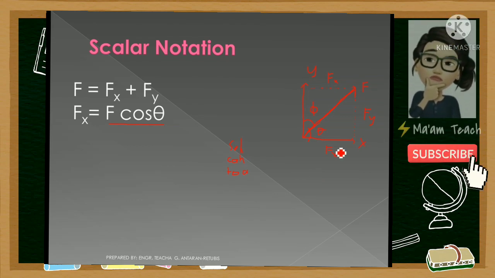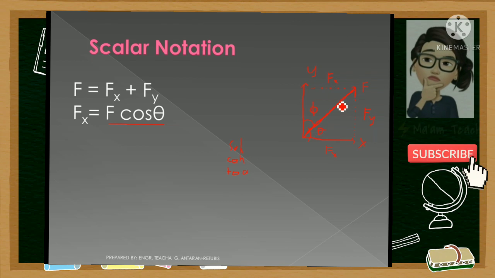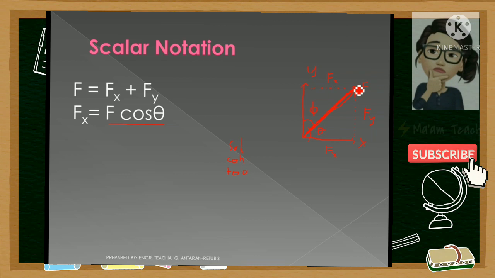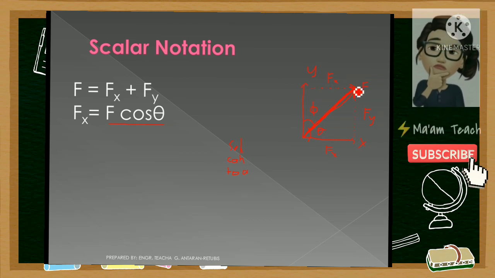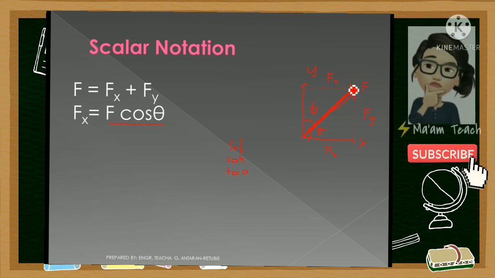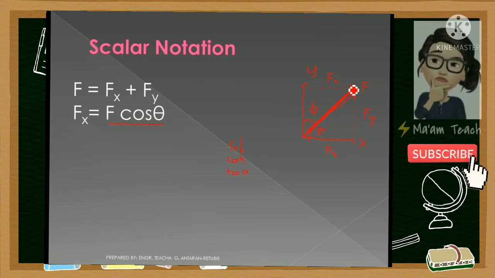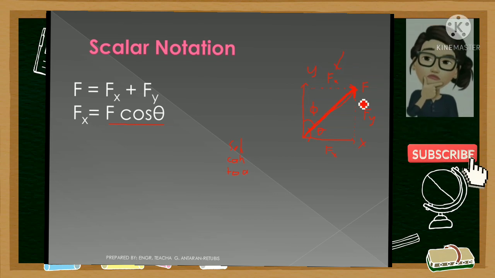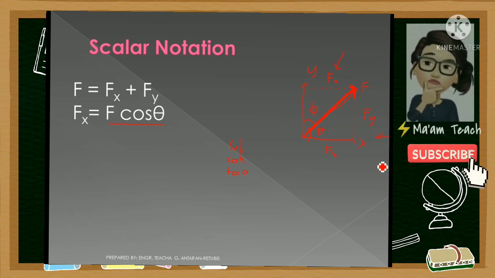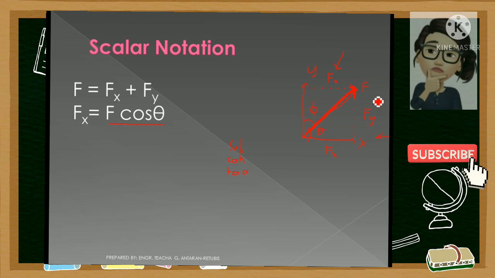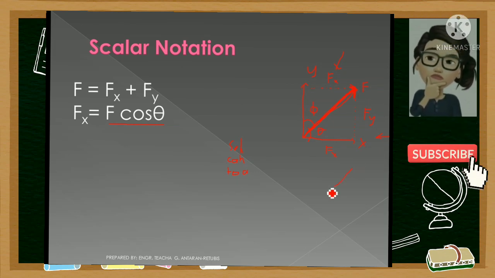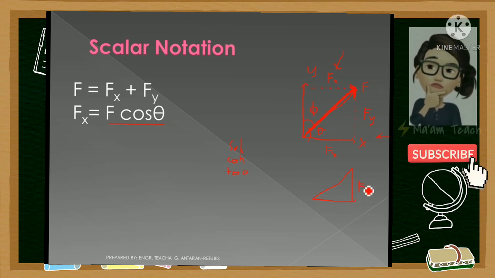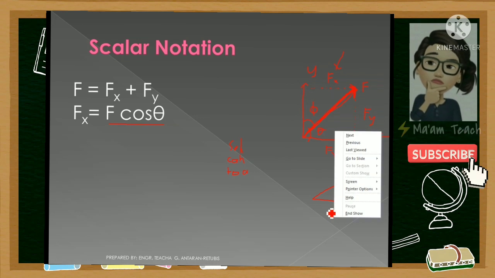Now, if we focus here, class, on our diagram or our drawing, here's our given, which is the force F. We have to get the x component. Since this triangle at the top and the right triangle at the bottom are the same, we can just take this lower part. This will be our F sub y, and this will be our F of x.